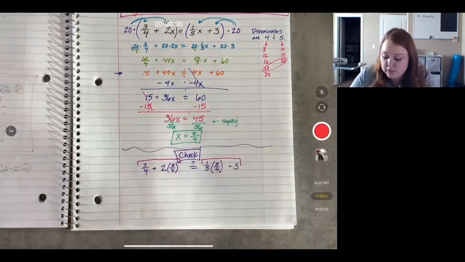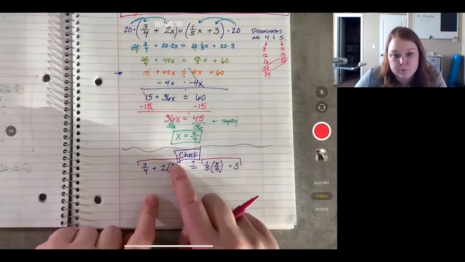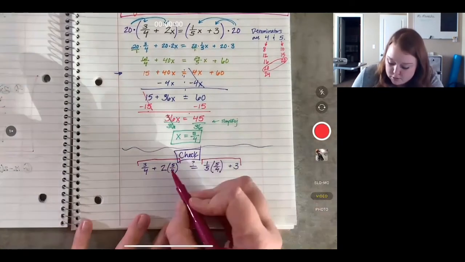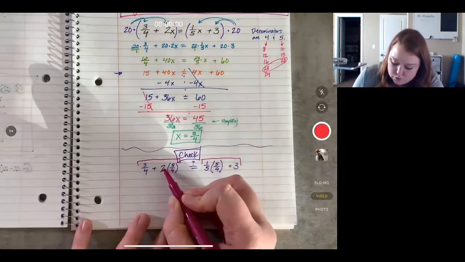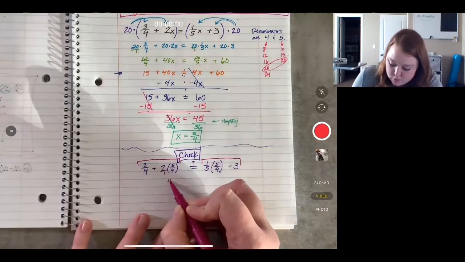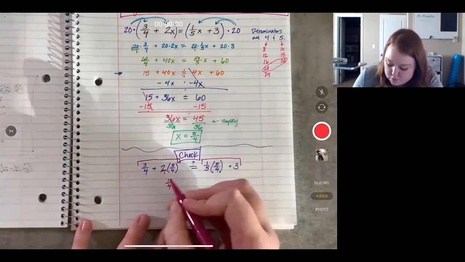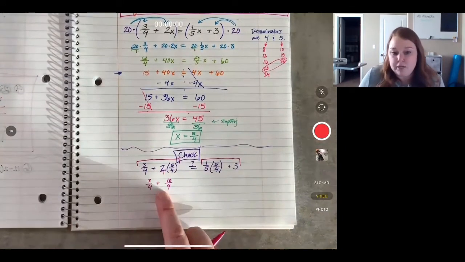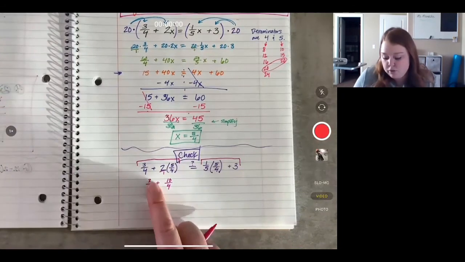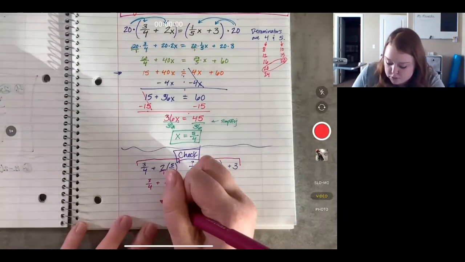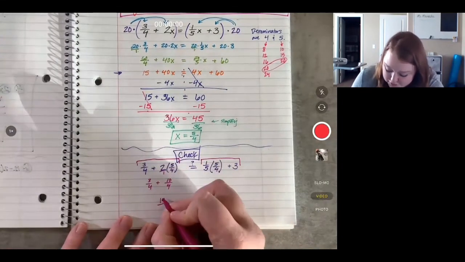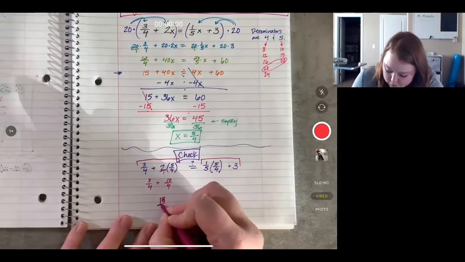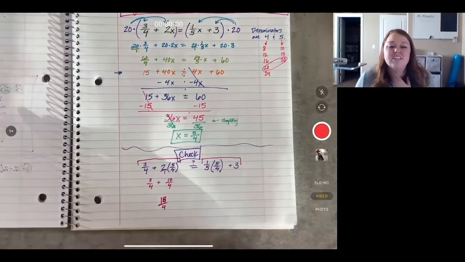Okay, so on the left side, I'm going to need to multiply these. This is like 2/1. So 2 times 5 is 10. 1 times 4 is 4. So I get 10/4. I'm going to drop down 3/4. These have the same denominator, so I can add them up. 3/4 plus 10/4 is, sorry about that, 13/4.